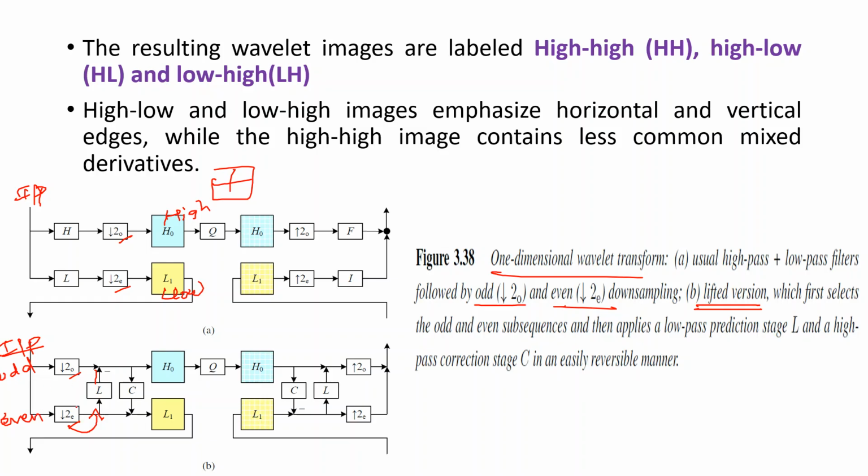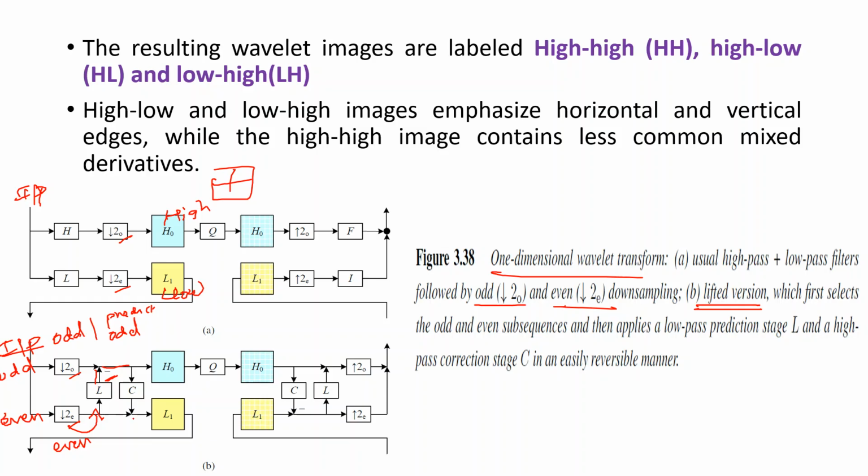Okay, the input image is divided into odd samples and even samples. The even sample is given to the L stage, and L is used to predict the odd value. So the predicted value of the odd sample is there, and the original odd value, the image having odd and even samples, is divided. The predicted as well as the original is subtracted to identify the error or to understand the differences.